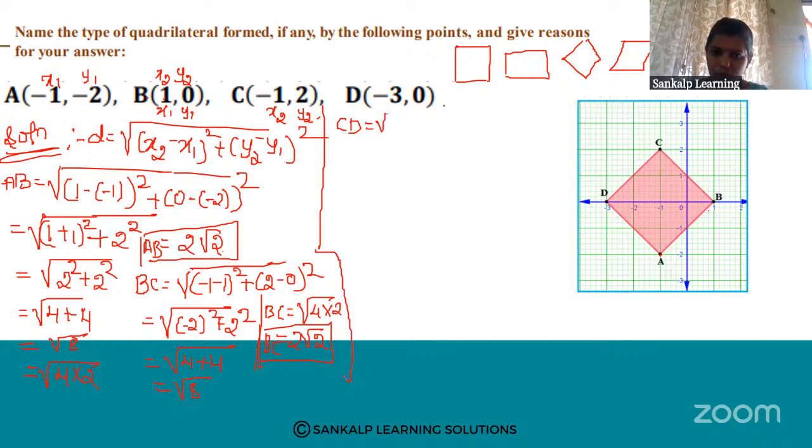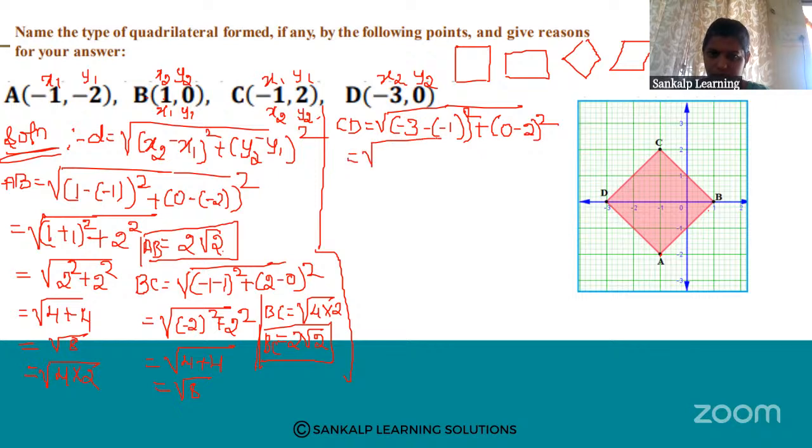CD is equal to, when you are considering from C to D, this is x1, y1 and this is x2, y2. Okay. Now the x2 value is minus 3 here and the x1 value is minus of minus 1, whole square, plus the y2 value is 0 minus 2, whole square.